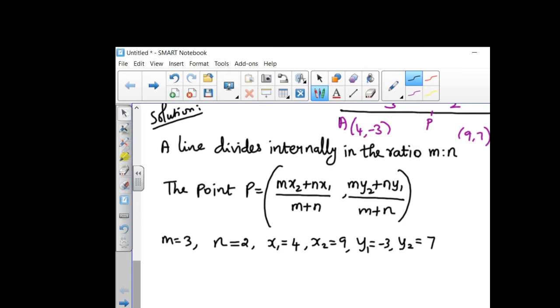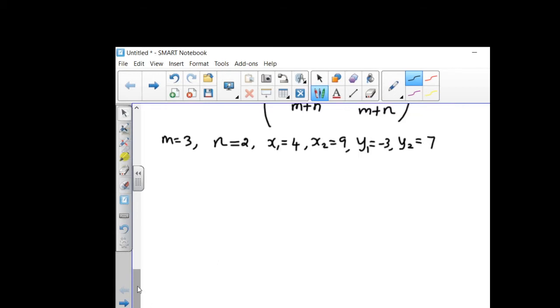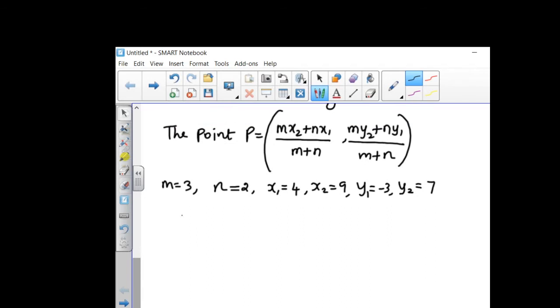P is equal to mx2. mx2 means 3 into the x2 value, which is 9. 3 into 9, you will get 27, plus n into x1. N is equal to 2, x1 is equal to 4, divided by m plus n, which is 3 plus 2.